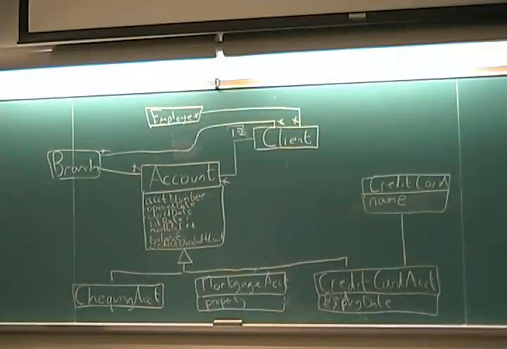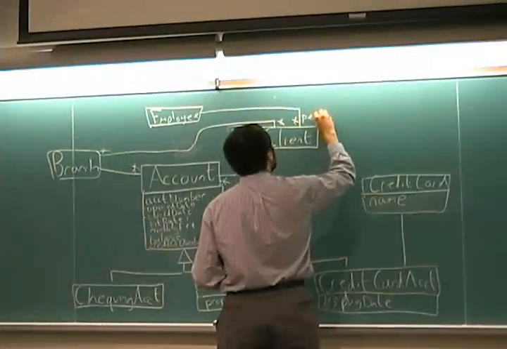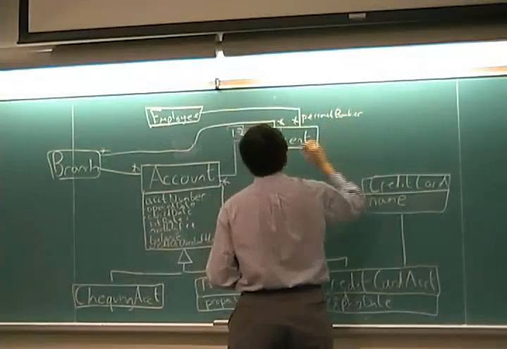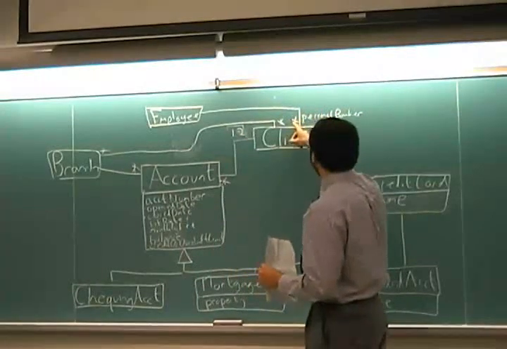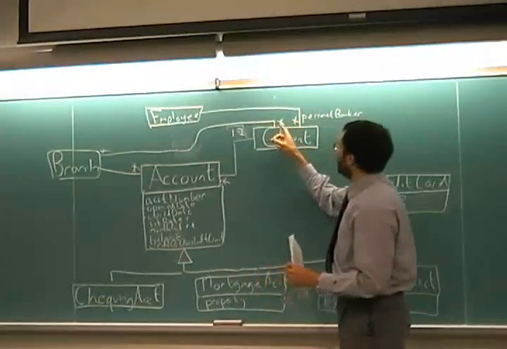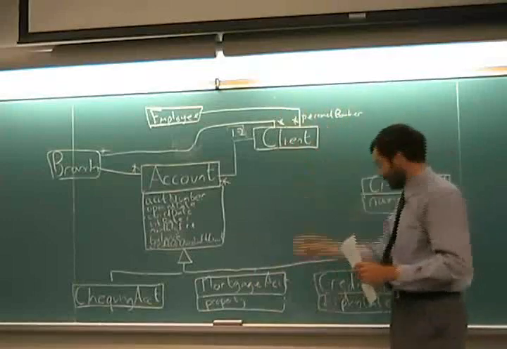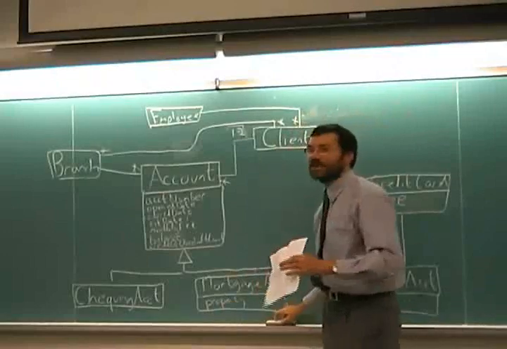So this personal banker thing is a role name. Employee has possibly many clients. And oh, is that right? No, other end, right? That's why you have to read these associations.